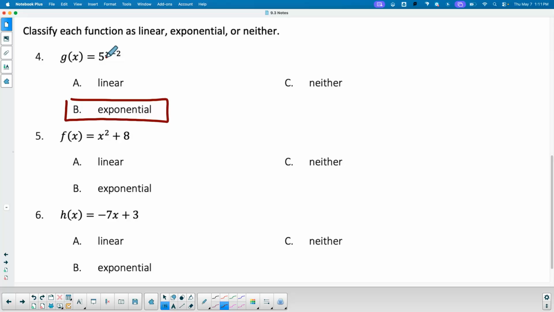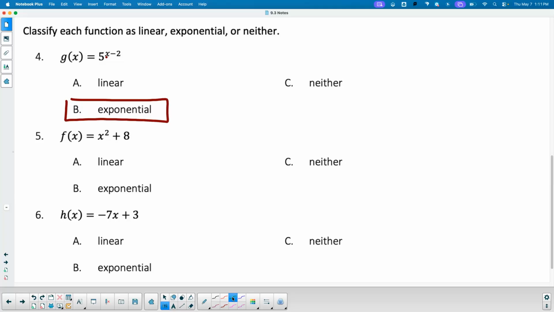Number 5: linear, exponential, or neither? It is not linear. Why neither? Number 6 is linear because it has an exponent of, what's the exponent on the variable?